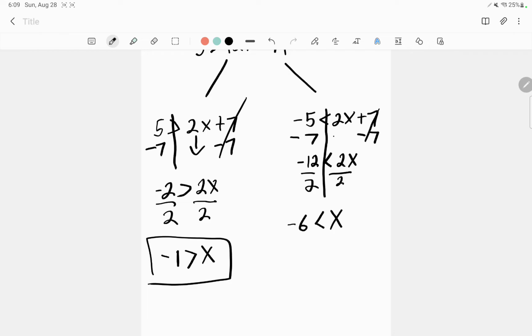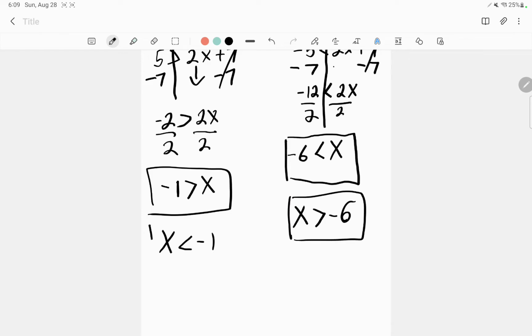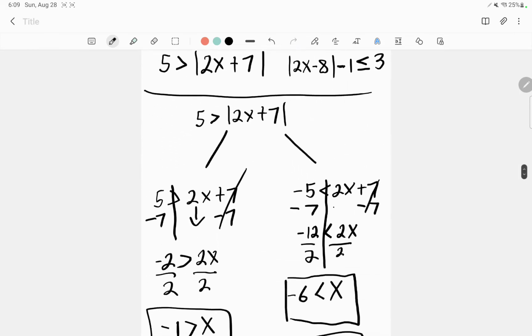I know it looks very weird because we have everything backwards, right? I wanted to write them like this first, but you can also flip them. So in other words, I can have x is less than negative 1 and x is greater than negative 6. It means exactly the same thing, but it's just flipped. Just letting you guys know. So that's the first thing that you got to focus on, those two.